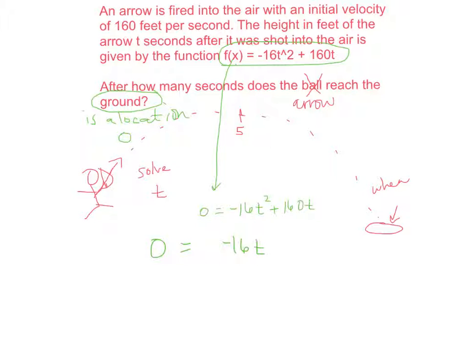Factor out what's in common. That's a negative 16t. Remember, when you factor out, you divide everybody by what you took out. Here, your negative 16s cancel. You had t squared on top. You're taking away 1t. All you're left here is just that poor little t. 160 divided by 16, you're left with 10. And those t's cancel out.